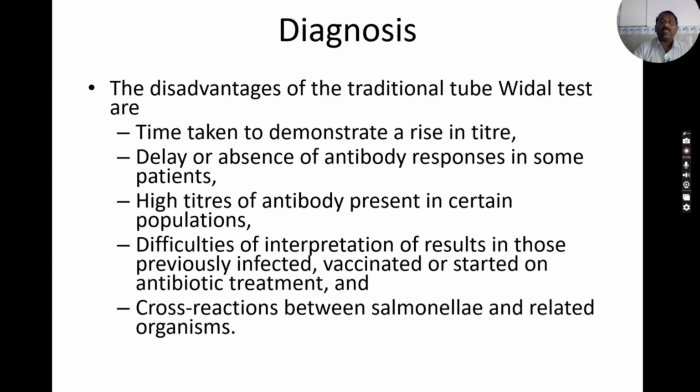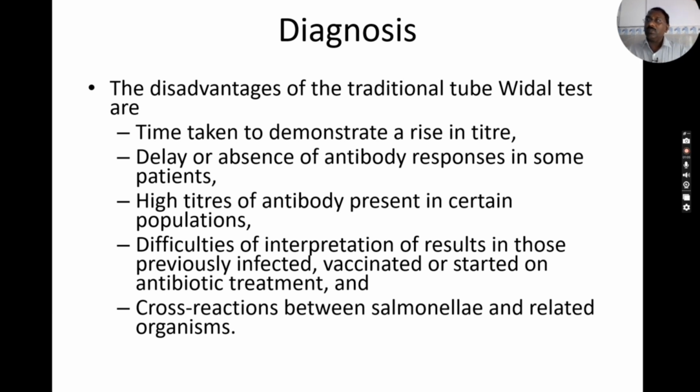So the disadvantages of the traditional tube Vidal tests are the time taken to demonstrate a rise in the titer, delay or absence of the antibody response in some patients, high titers of the antibody present in certain populations, difficulties of interpretation of the results in those previously infected, vaccinated, or started on antibiotic treatment, or cross reactions between the Salmonella and related organisms.